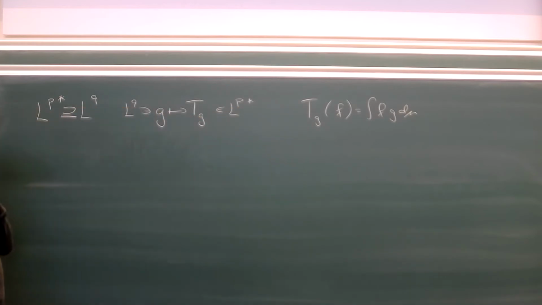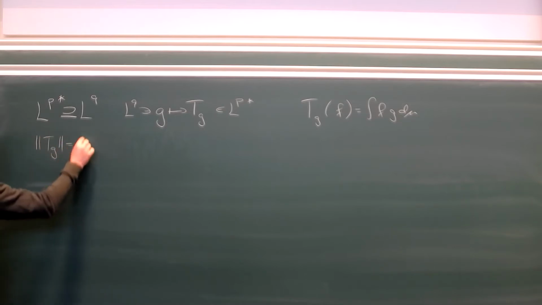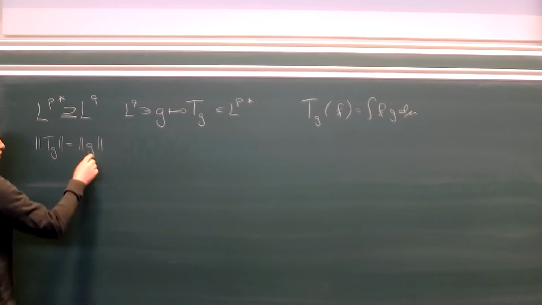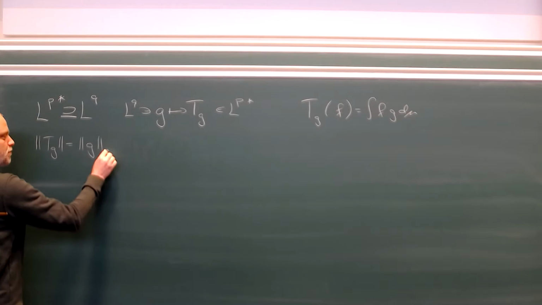So this is where we were, and then we had that T_g, the norm as a linear functional, was equal to the norm of g in L^q, right?